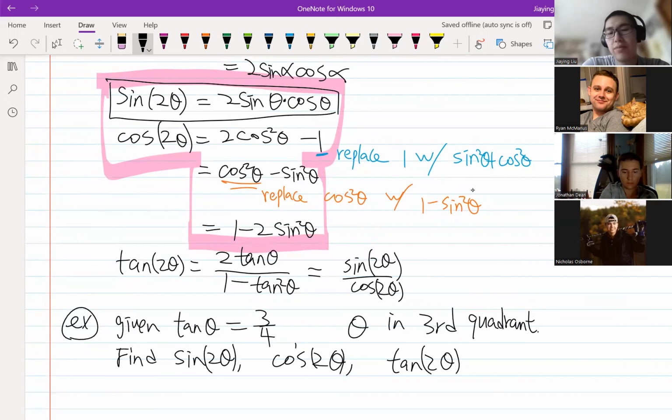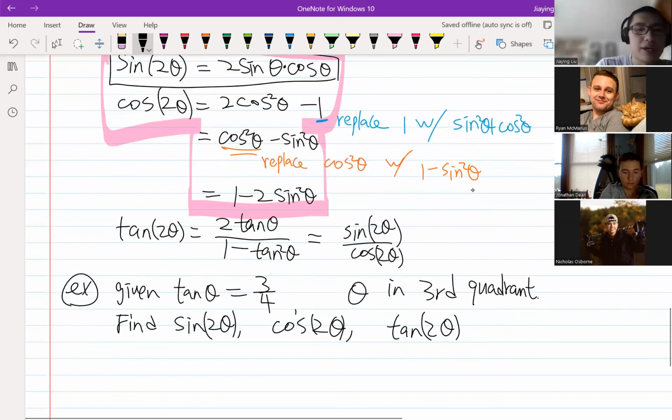Well, we're just going to use the formula for each one of them. And we know that sine 2 theta is equal to 2 sine theta cosine theta.